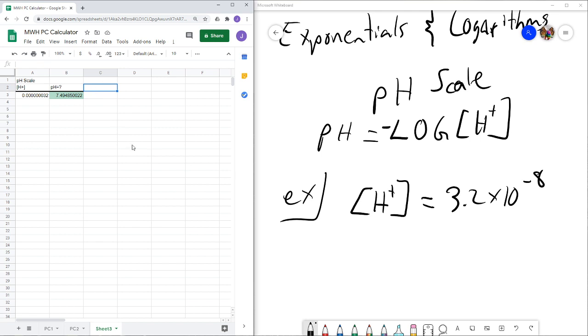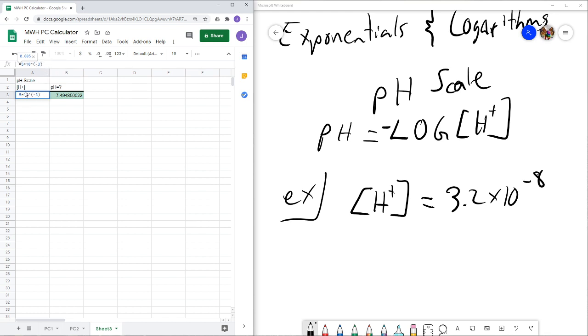Now, if we want to change the value, we know our pH is almost 7.5, so let's suppose it was 5 times 10 to the negative 3. Notice I went up here and changed the values.